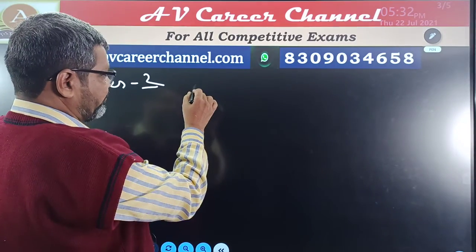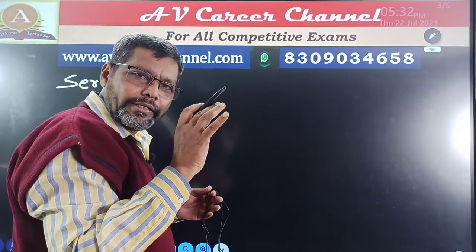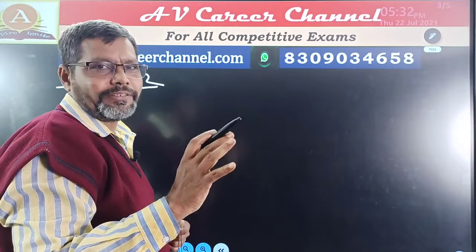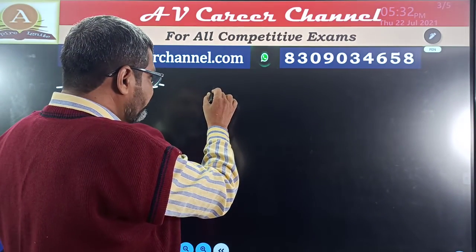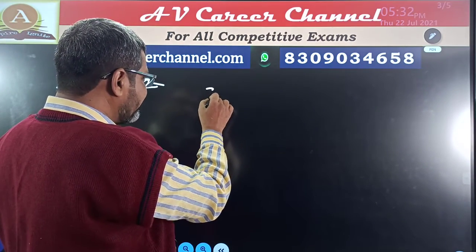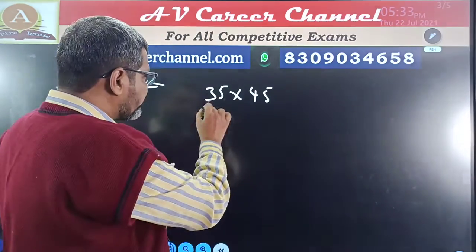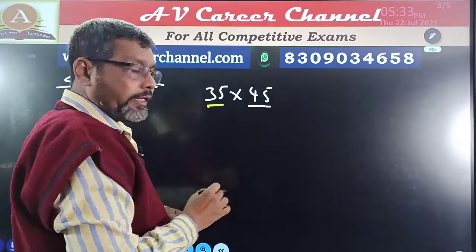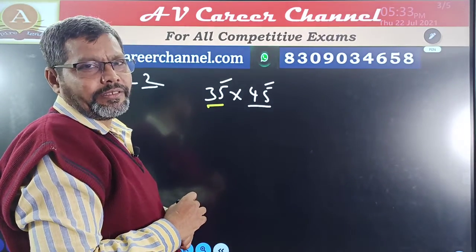So again I am making the point: it should be 2 digits ending with 5. That means when you are talking about, say, 35 into 45, it is 2 digits ending with 5. That should be compulsory.